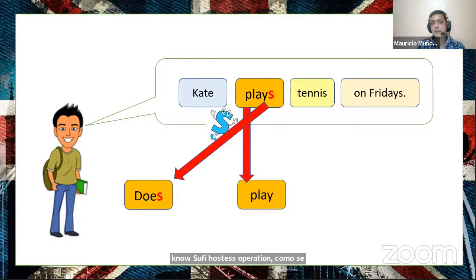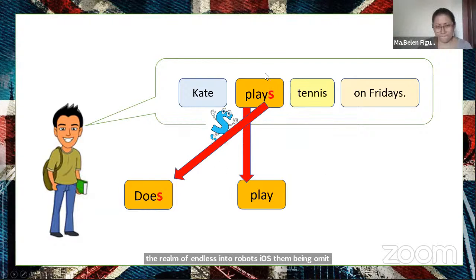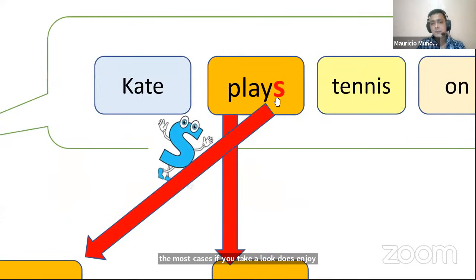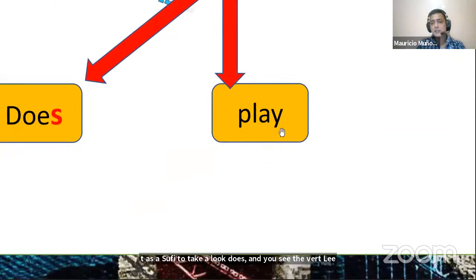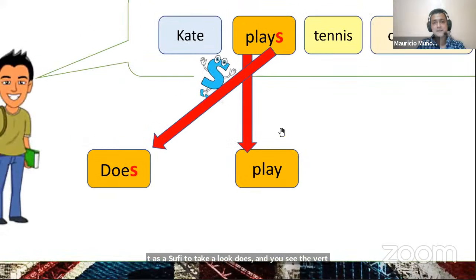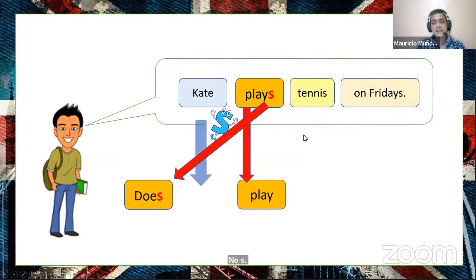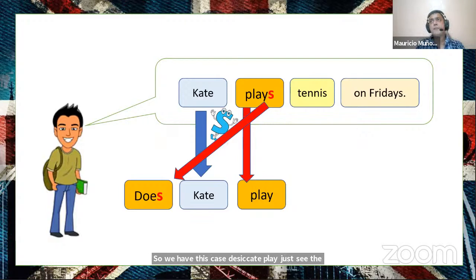Y como usted está viendo aquí, en los interrogativos, también omitimos ese sufijo. Take a look. Does, and you see the verb play in the question, no S. So we have in this case, does Kate play? You see the difference with the verb play from affirmative to questions. And then we have this one.